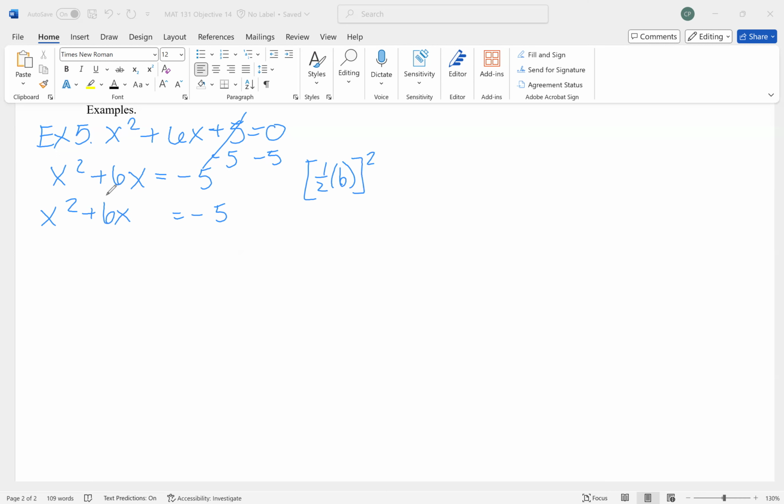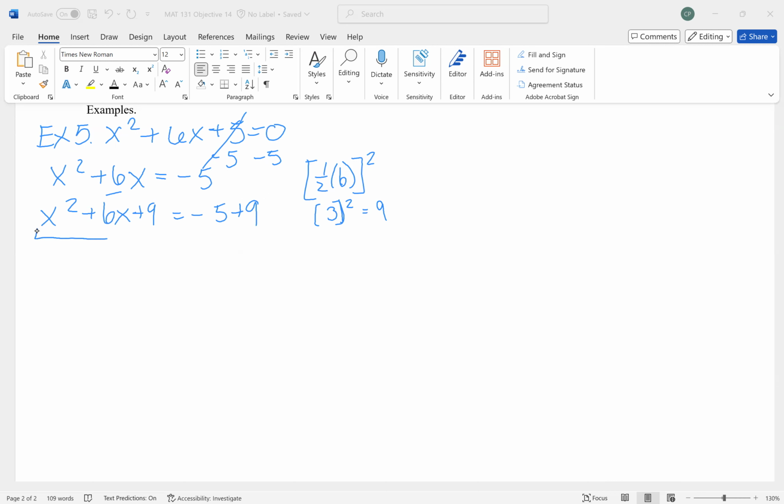My coefficient of x is 6, so I have 1/2 times 6, squared. 1/2 times 6 is 3, and then 3 squared is 9. So plus 9 is what I will be adding on both sides.